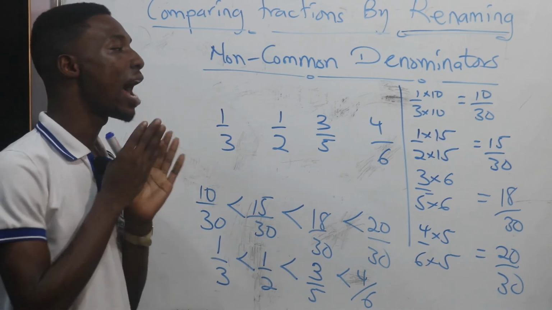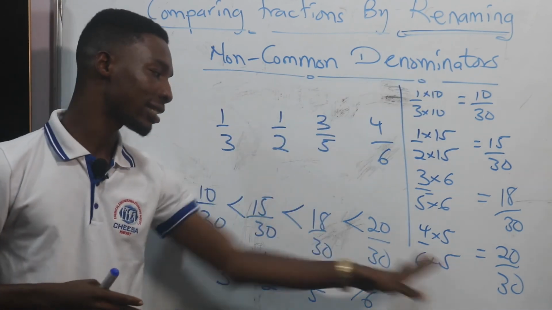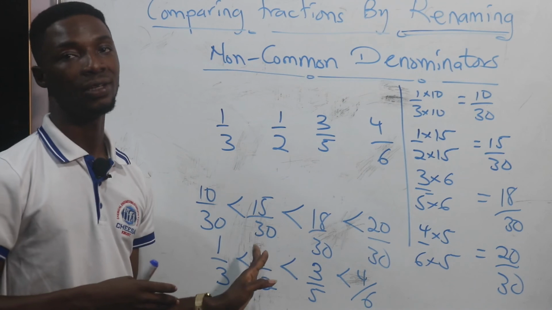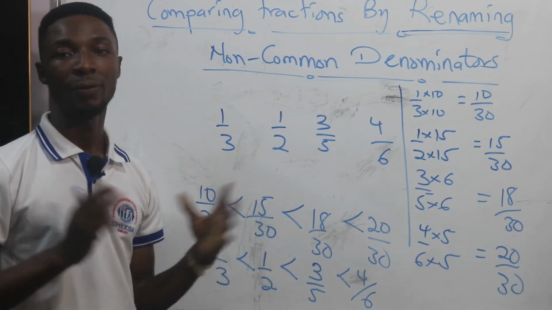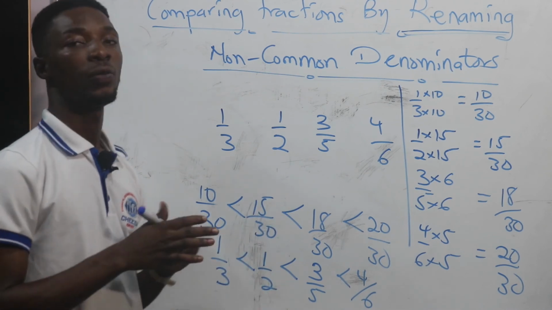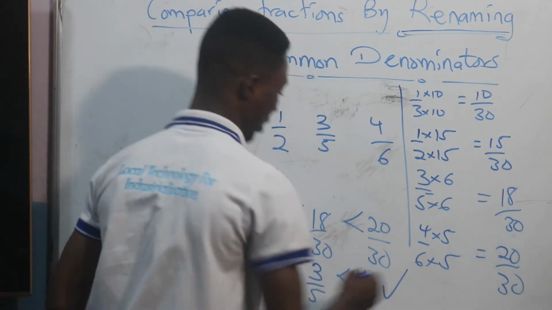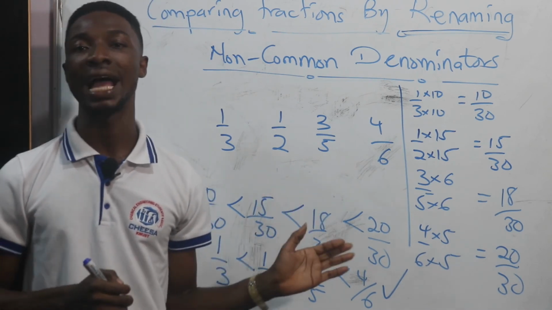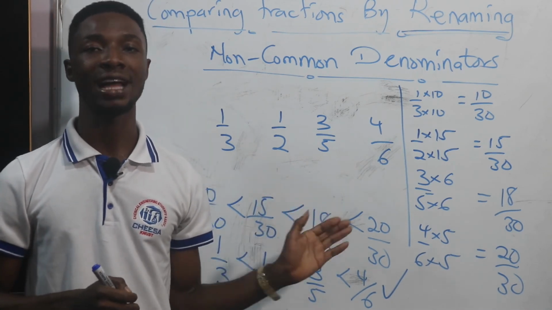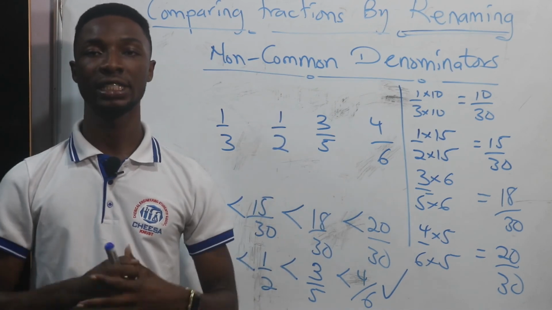After that, arrange your equivalent fractions in order of magnitude. Then represent each one by the original fraction. When you finish, you are done with your renaming process. This method is very, very simple and easy to go by whenever you are comparing fractions of different denominators.